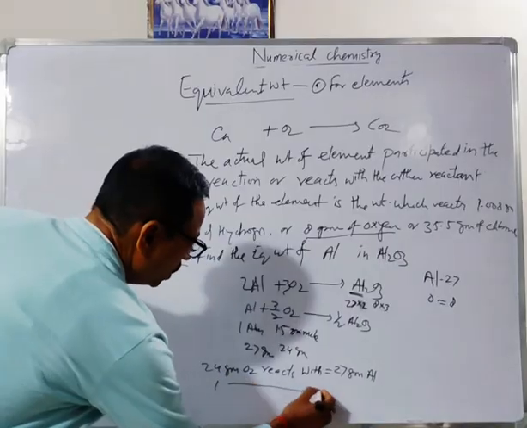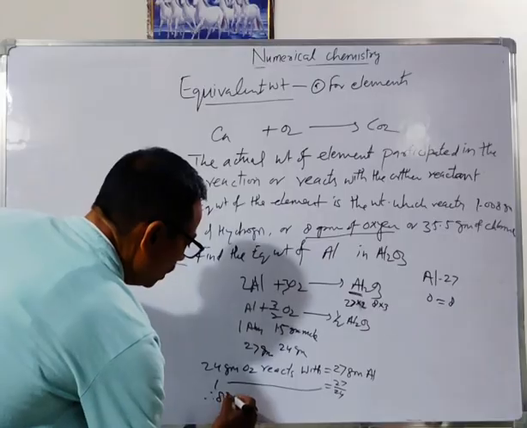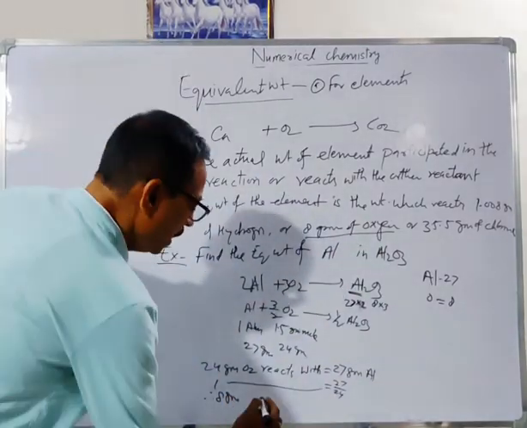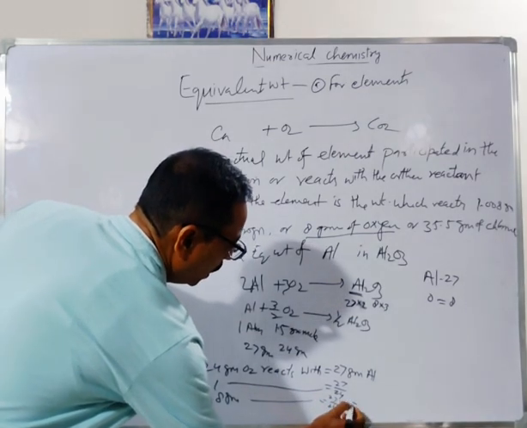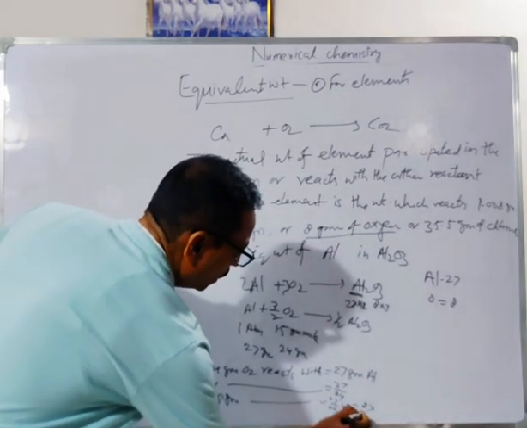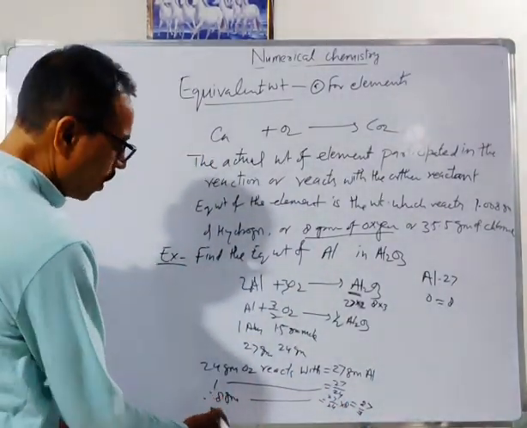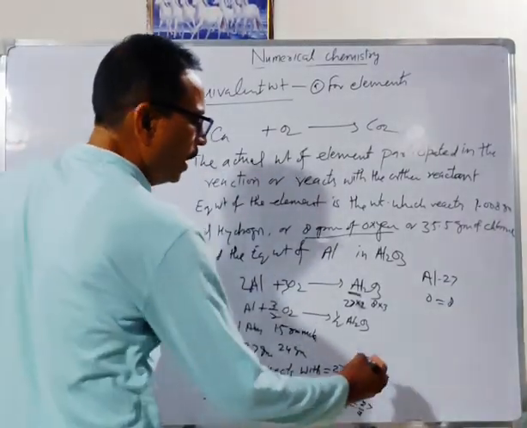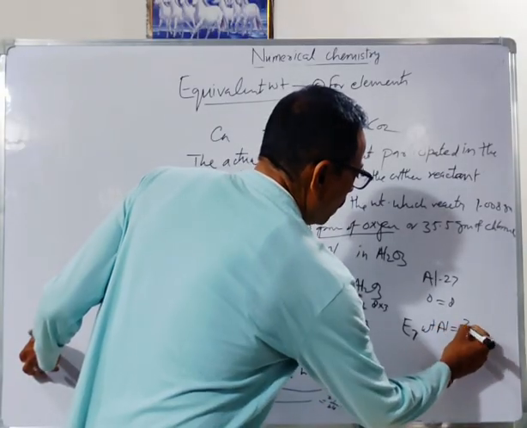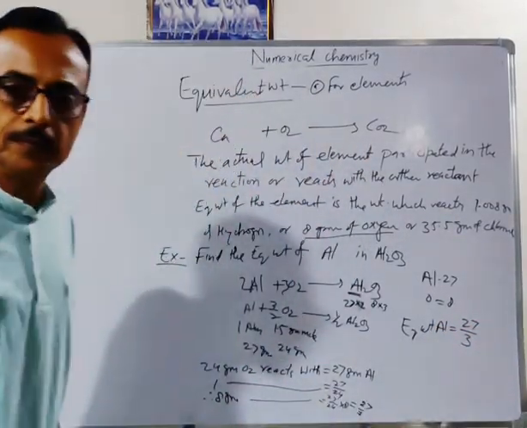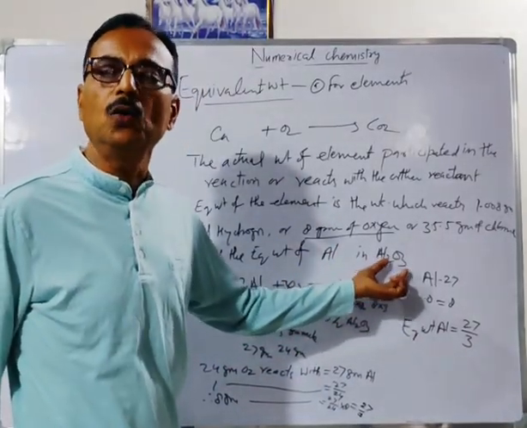So 1 gram oxygen, 27 by 24, therefore 8 gram oxygen, 27 by 24 into 8, that is 27 by 3. So the equivalent weight of aluminum is 27 by 3.